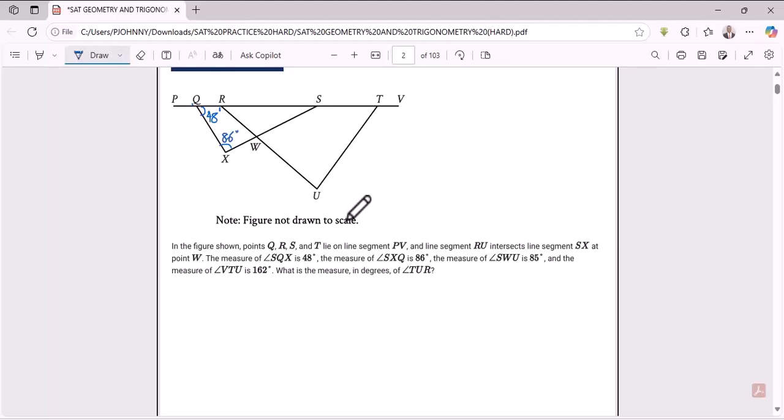And the measure of SWU, that's this angle here, is 85 degrees. And the measure of VTU, that's this angle here, is 162 degrees. So what's the measure of angle TUR? So we're looking for X. What's the measure of this angle TUR?